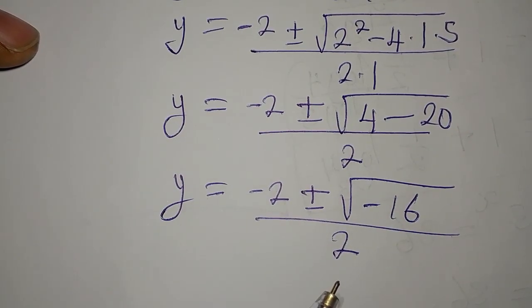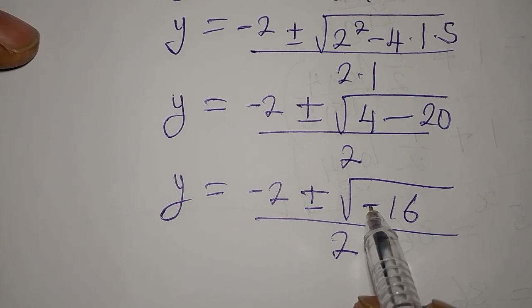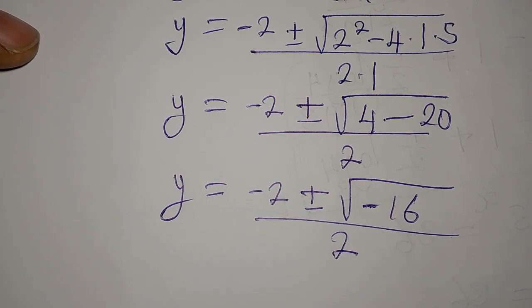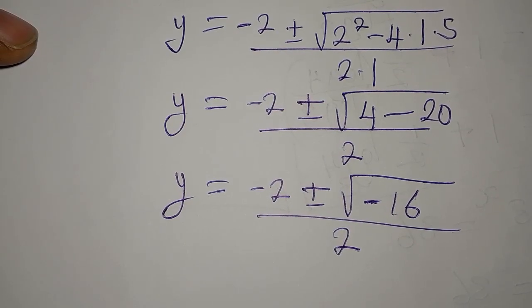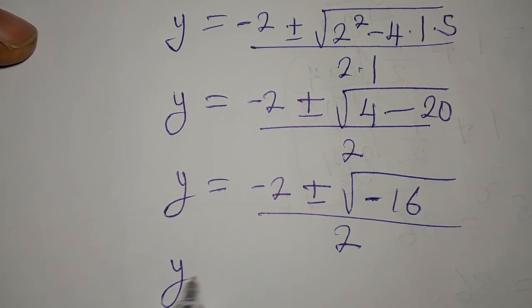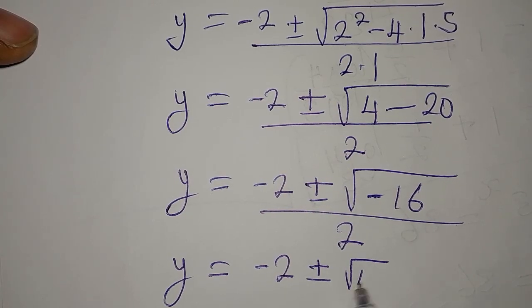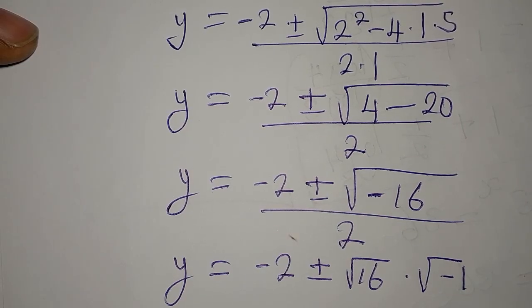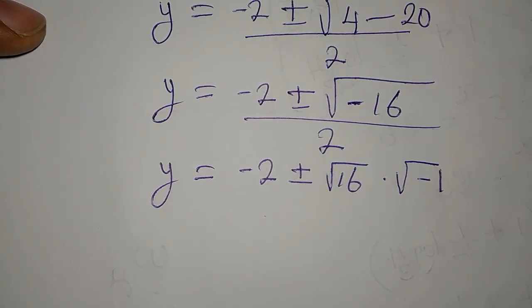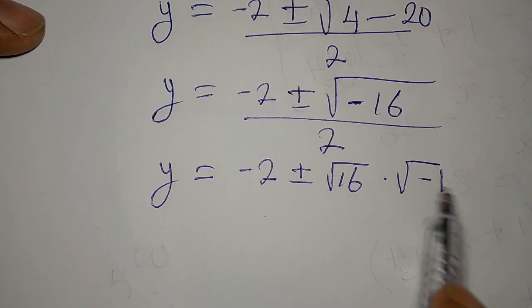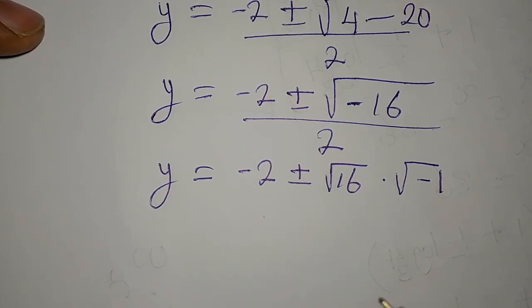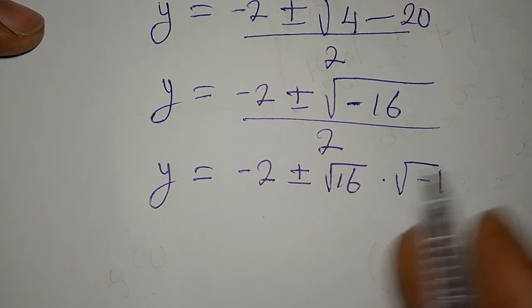Now what do we do? This is negative 16. We can use our calculator to get the square root of negative 16, but we can manipulate to get square root of 16, then multiply by square root of negative 1. Okay, so if you multiply this by this, you're going to get negative 16. So it's okay.